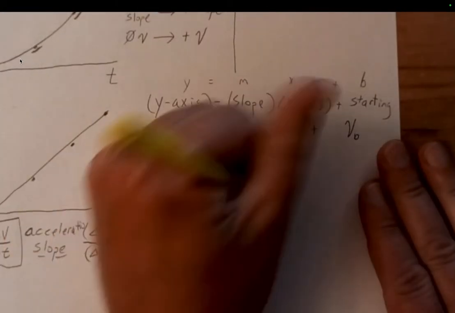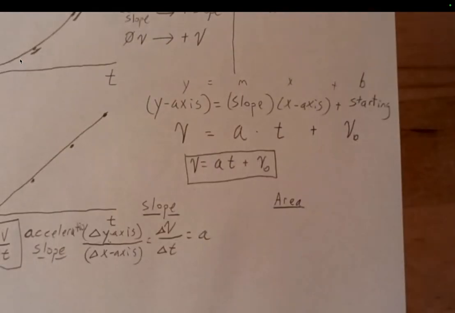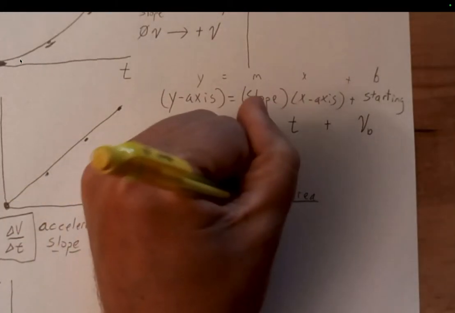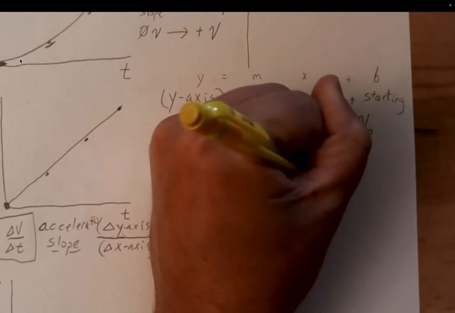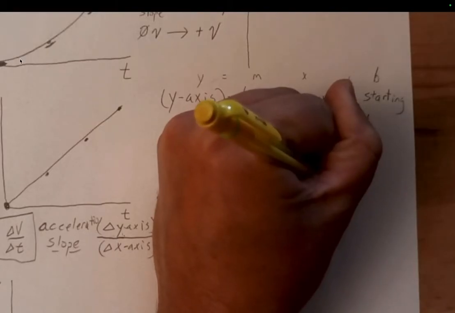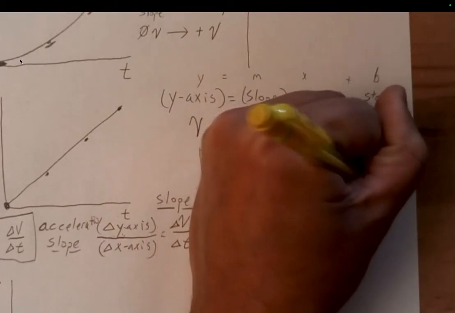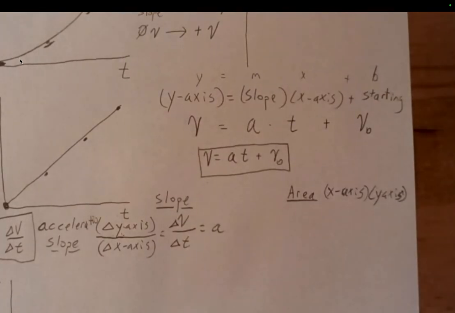We can also get the area. This is definitely something that will be asked about. So when we get area, we take whatever's on the x-axis times the y-axis.